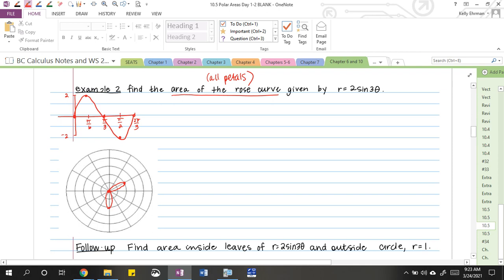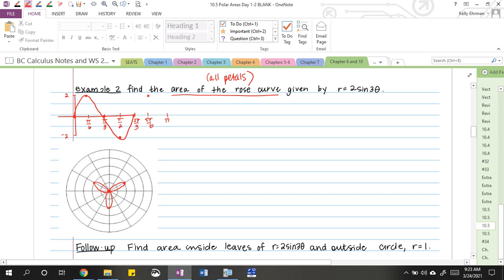My next point would be, let's see, 1, 2, 3, 4 pi over 6. At 5 pi over 6, I'm going to hit 2. And then I'll come back to the pole, which is where I started. So where do we finish? We finish at pi.